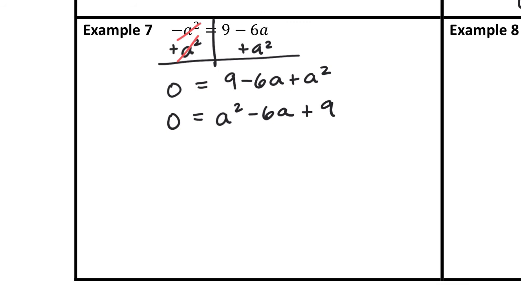Okay. So we can try and factor this. We can try and use the table method. We can ask ourselves, is this a difference of squares, or a perfect square trinomial? It isn't a difference of squares, right? Because a difference of squares should only have 2 terms. So it could be a perfect square trinomial. But again, we have to check, right?